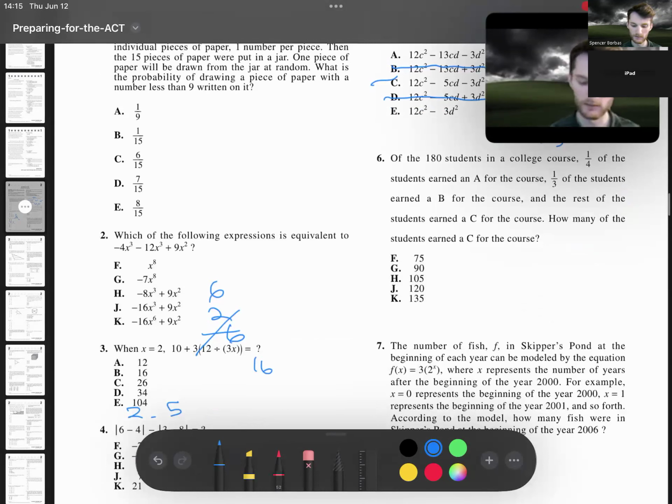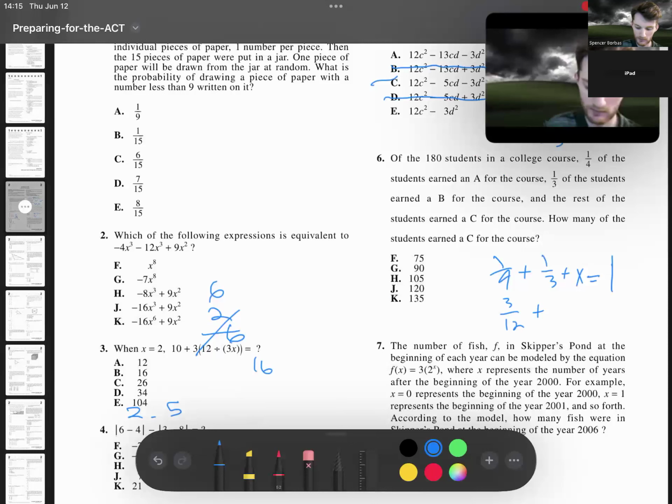Of the 800 students in fourth, third, the rest of the students earned a C for the course. How many students earned a C in the course? So 1/4 plus 1/3 plus an unknown value equals a total of 1. This is equivalent to 3/12.